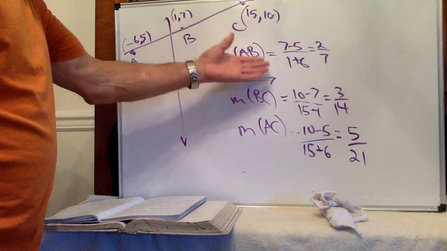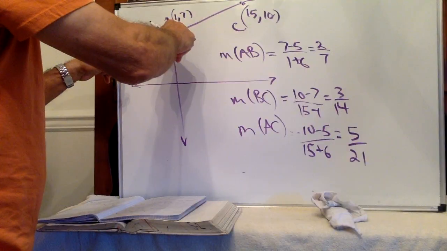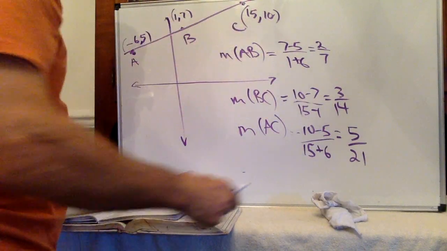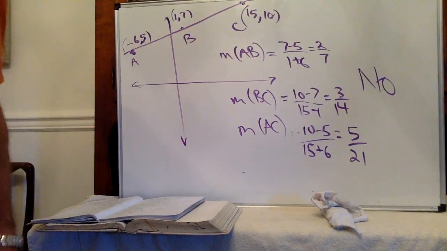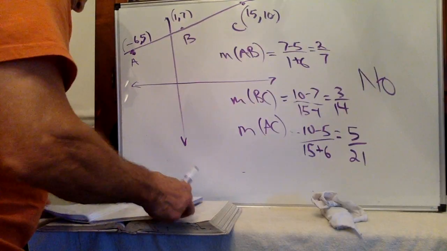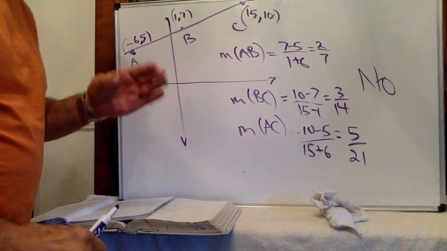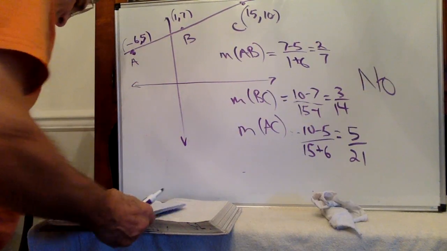So you get 3 different slopes. The slope of these two is different than the slope between those two, which is different than the slope of BC. So no is your answer. The points are not collinear. The 3 points do not lie on the same straight line.